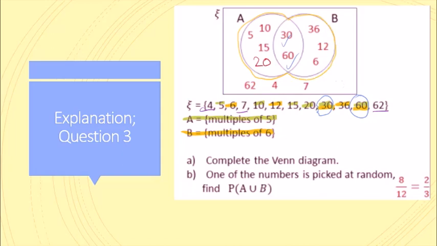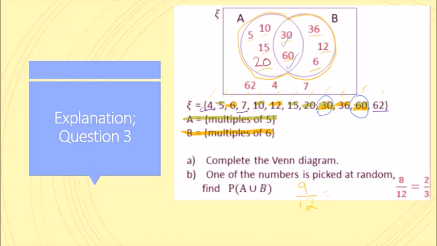So the total of all the numbers in both the circles, there are how many numbers altogether? 1, 2, 3, 4, 5, 6, 7, 8, 9. So that answer would be 9 out of a total of 1, 2, 3, 4, 5, 6, 7, 8, 9, 10, 11, 12. 9 out of 12.